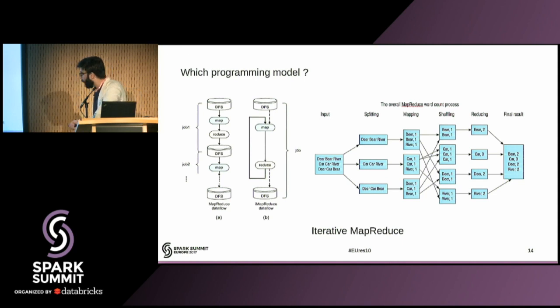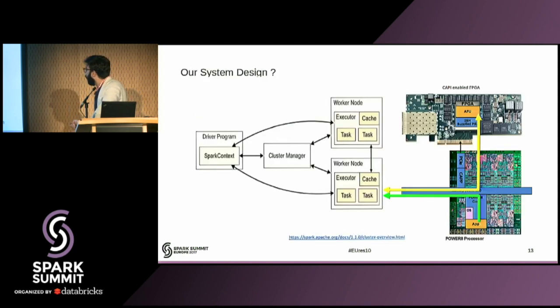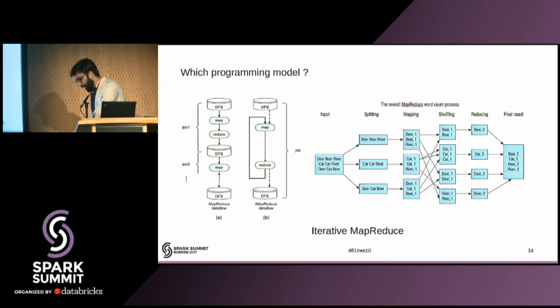And the next question also is, of course, what should we put inside the FPGA? We are talking about Apache Spark applications, and about offloading the tasks. The fundamental concept underneath Apache Spark is an iterative MapReduce programming model, right?